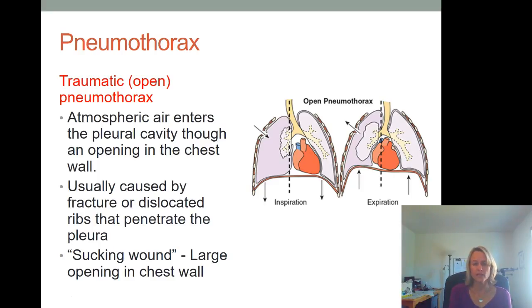A traumatic, also called an open pneumothorax. This is when we get a rupture in the parietal pleura. So in order to rupture the parietal pleura, we have to get a hole essentially through the chest wall. This is usually caused by a rib fracture, dislocated ribs that penetrate through the visceral pleura, and also can puncture all the way through the parietal and the visceral pleura.